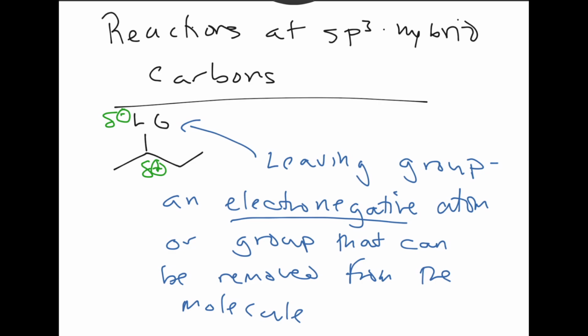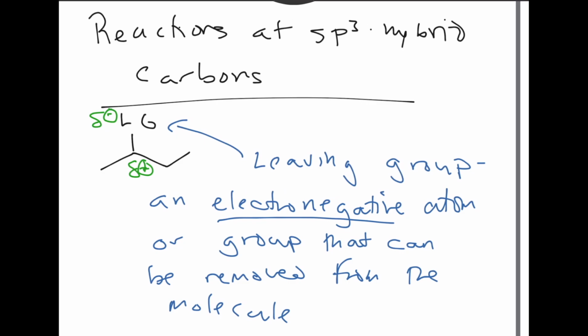And that polarization, the leaving group being negative and the carbon it's bonded to being slightly positive, is going to allow all these reactions to occur. We need that negative and positive to make these happen.